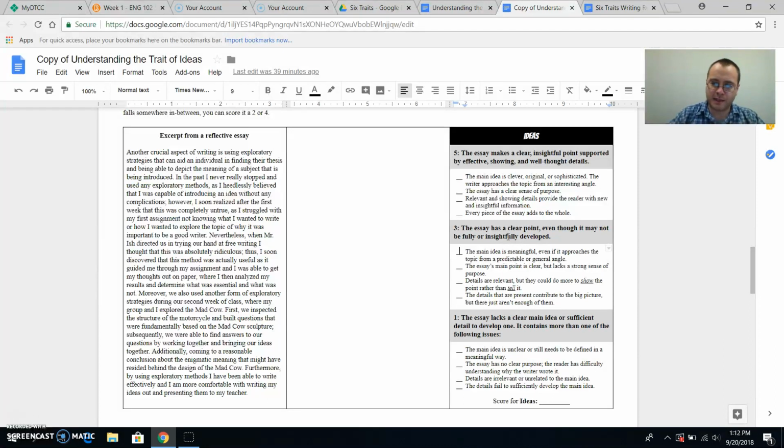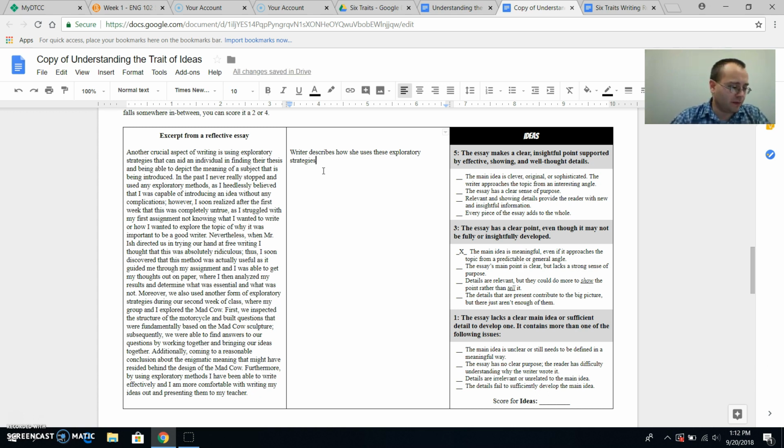The main idea is meaningful even if it approaches the topic from a predictable or general angle. And the reason I am saying that is because the writer describes how she uses these exploratory strategies. All right, she gives good examples of all the different examples and how she's using them.